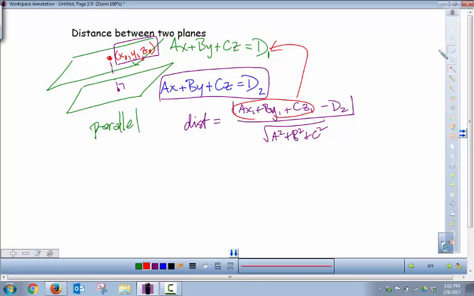So that's just D1. So not that you need to memorize this, but now you have an even nicer formula for the distance between two planes. Pretty cool, huh?